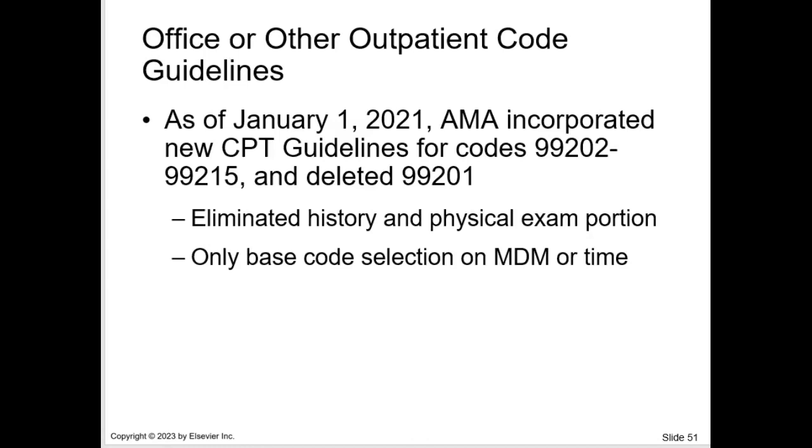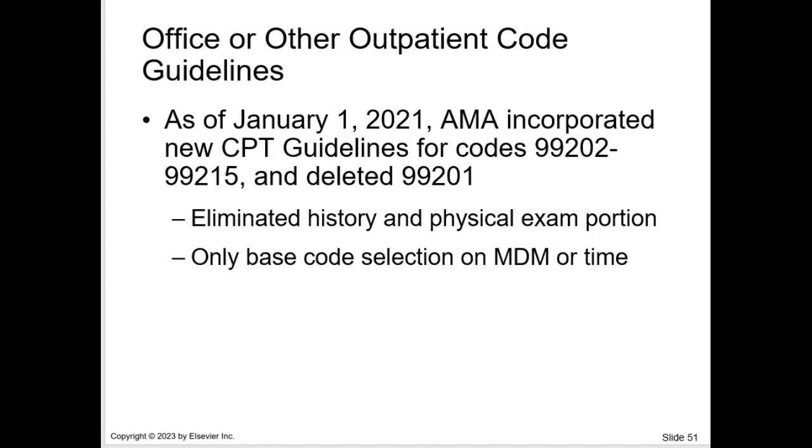Keep in mind, new patient. Let's look at the definition. This is for the E&M of a new patient, which requires a medically appropriate history and or examination and straightforward medical decision making. When using time for this code, it's 15 to 29 minutes of total time spent on the date of the encounter.